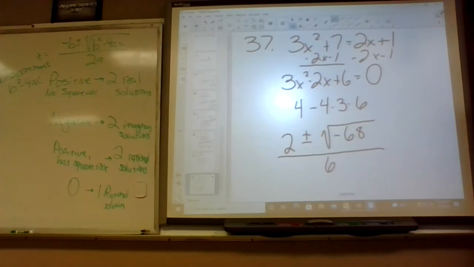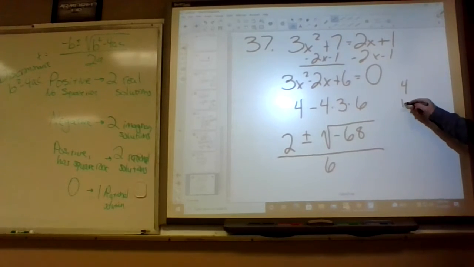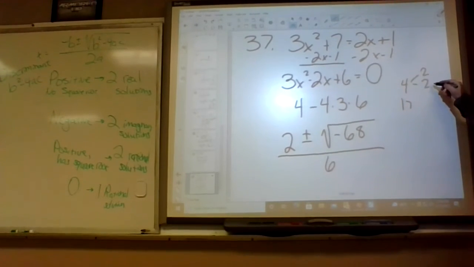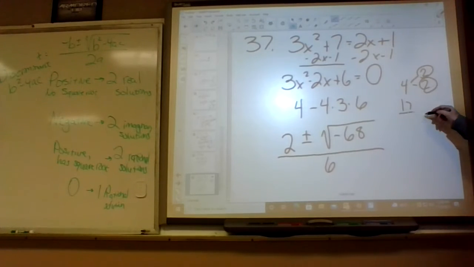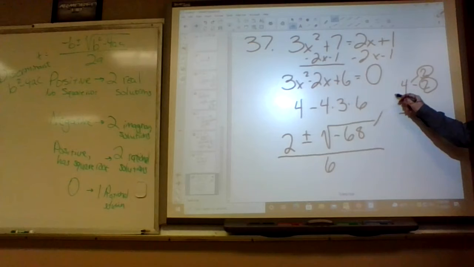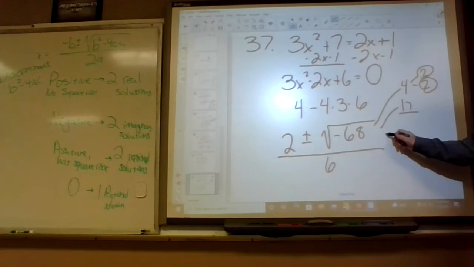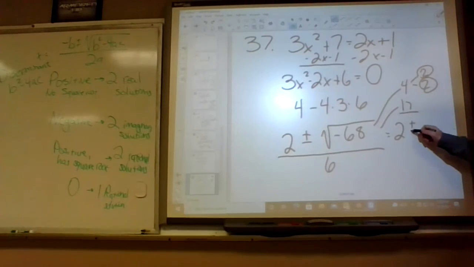Does the square root of 68 simplify? 68 is like 4 times 17, and 4 is 2 times 2. So that's 2 square root of 17. So we got 2 plus or minus 2i square root of 17 over 6.